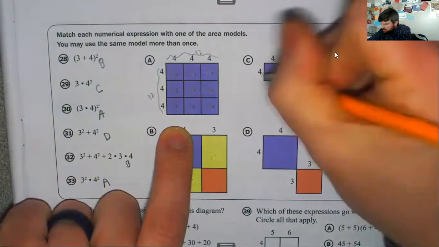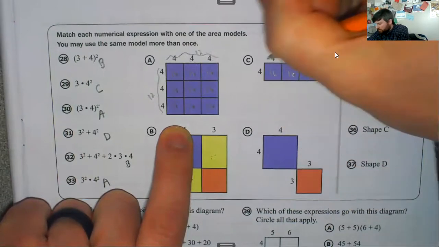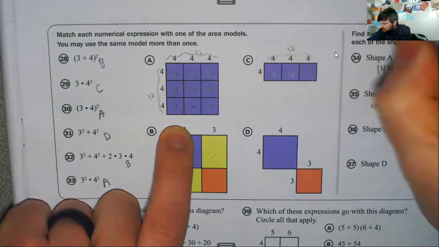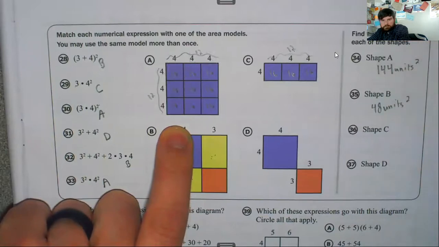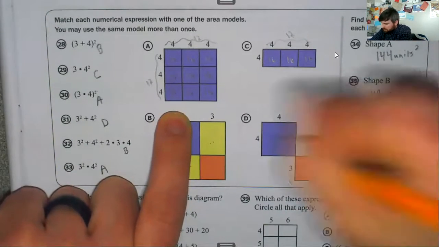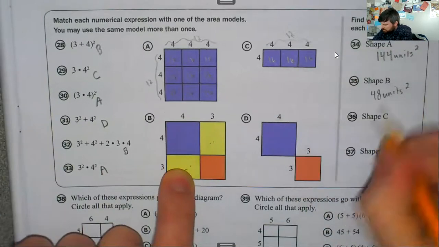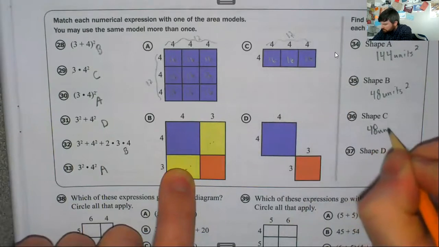Okay, this one's 16, 16, and 16. So you could add that up. Or you know this is 12. 12 times 4 is 48 units squared. Oh, I did it wrong. That was shape C. So this is 48 units squared.